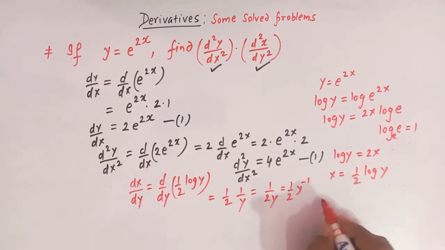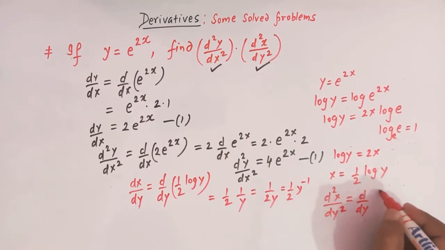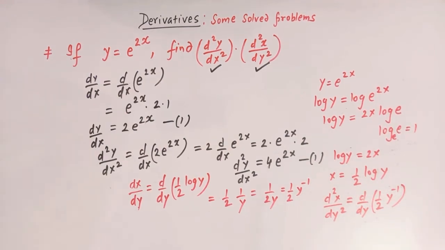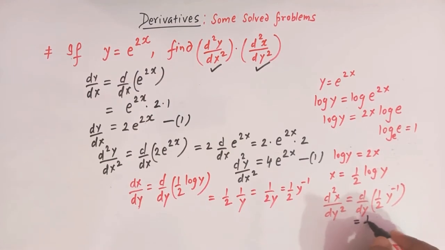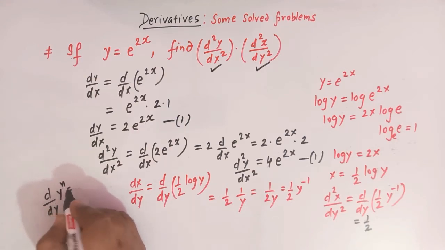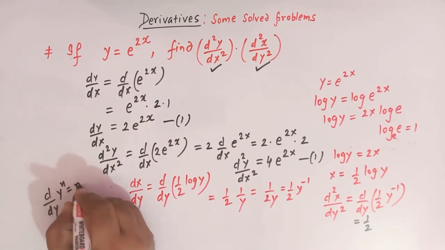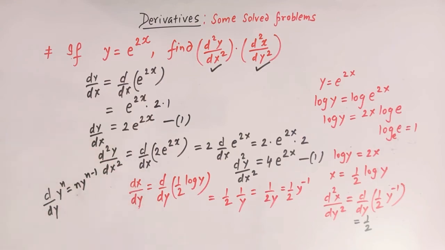Okay, now let us differentiate both sides again with respect to y. So we have d2x over dy2 is d by dy of half y raised to minus 1. Here we have half outside the derivative sign, and y raised to minus 1. So here we'll apply the rule that d by dy of y raised to n is n y raised to n minus 1, right?